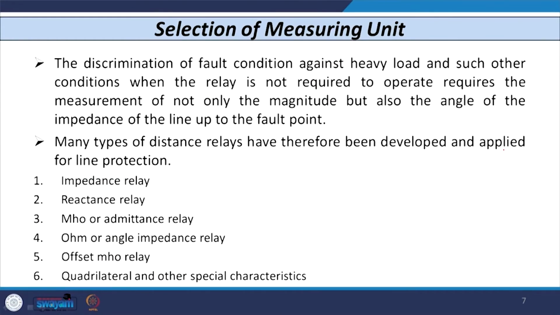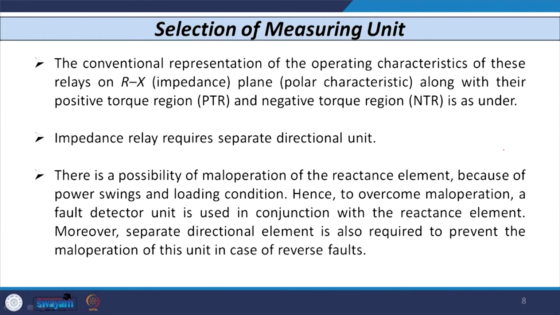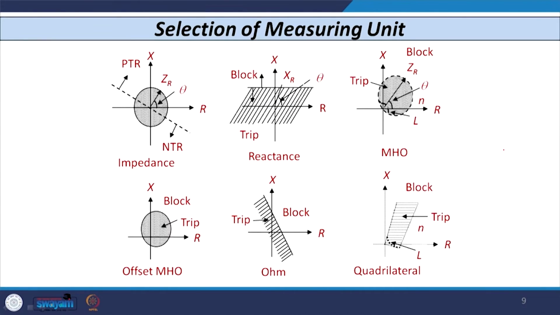Usually there are 6 characteristics, it can be more also, but let us restrict up to 6 only. The first characteristic is known as the impedance type distance relay. If I use the impedance type distance relay, then this characteristic is shown here.